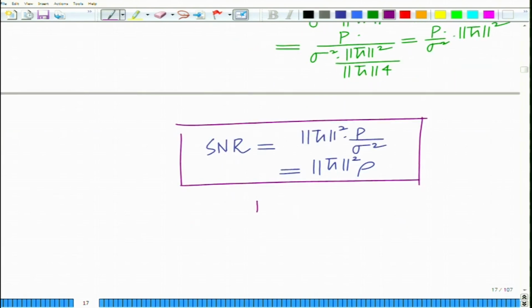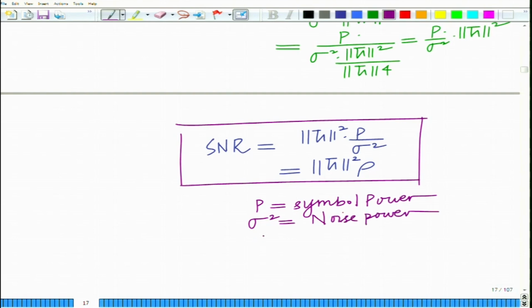P equals the symbol power, sigma square equals noise power, and rho equals signal power divided by noise power.